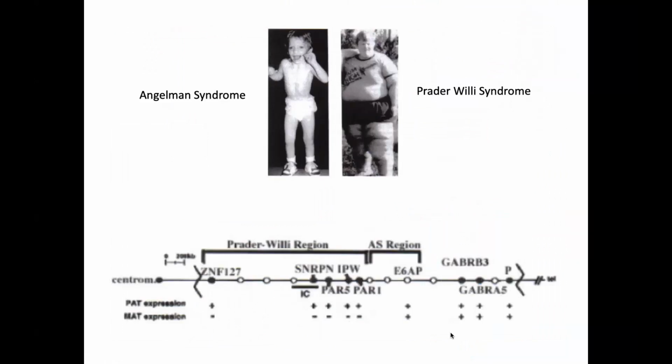So here's a child that suffers from Angelman syndrome, and here's an individual that suffers from Prader-Willi. The outcomes are related in some ways, but they're also different in many ways as well.